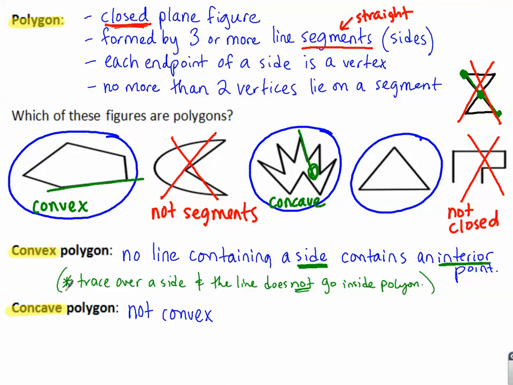That's a way that we can think about it being convex. So how about the last figure, the one that we would call a triangle? Any of the sides that I would trace over, notice it stays on the outside. So this one is convex.